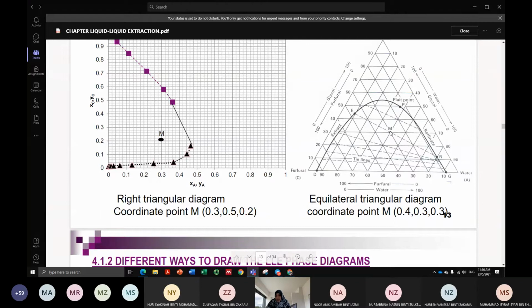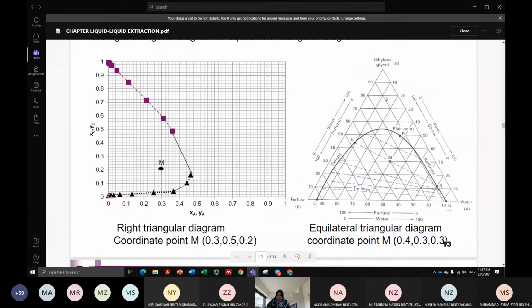So let's say we have a concept here. Look at this. In this diagram, this equilateral triangular diagram, you are given the equilibrium curve. This equilibrium curve has 2 layers.